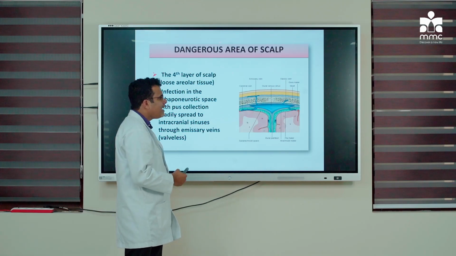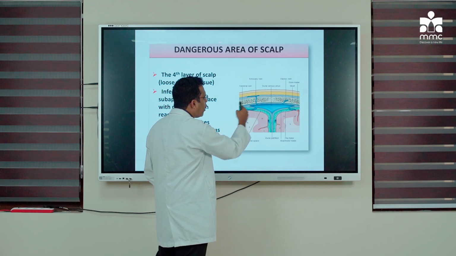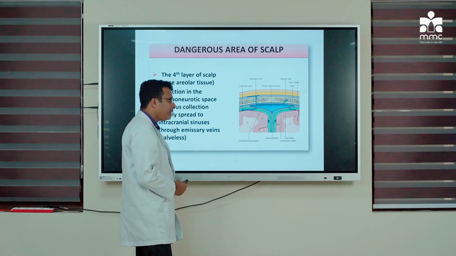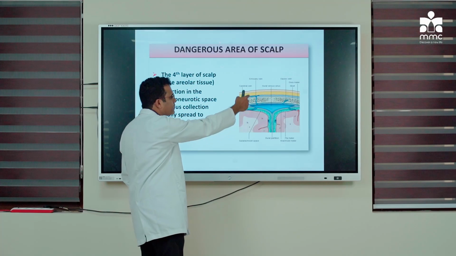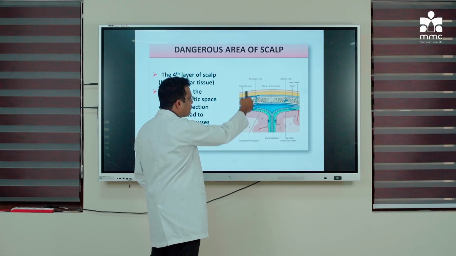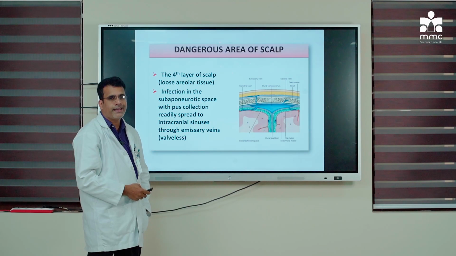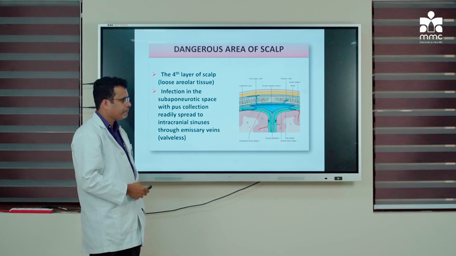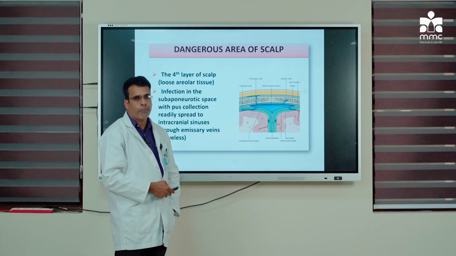Such infections can spread very quickly to the cranial cavity, and that can cause intracranial infections, meningitis or encephalitis. So that's why, because of quick spreading of this infection through the emissary veins, this layer is popularly called the dangerous layer of the scalp. So this you can expect as an MCQ for various competitive exams.